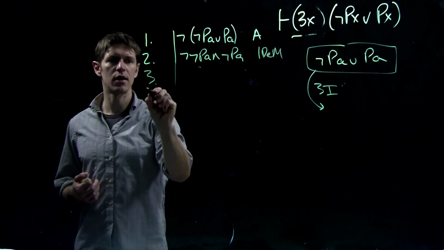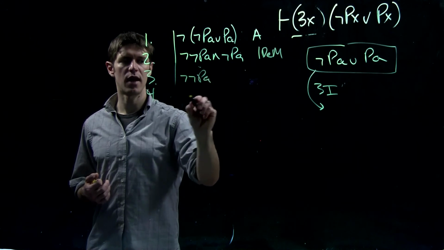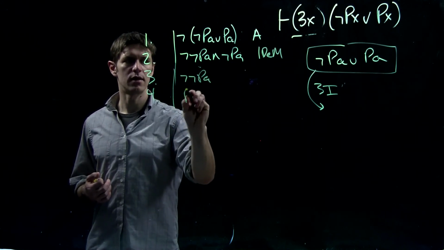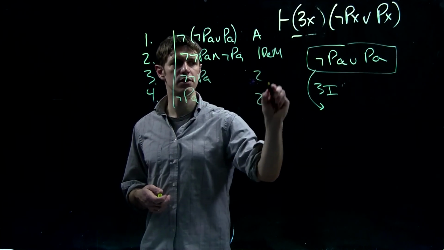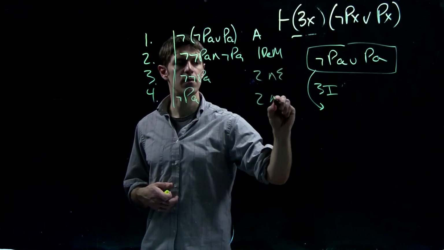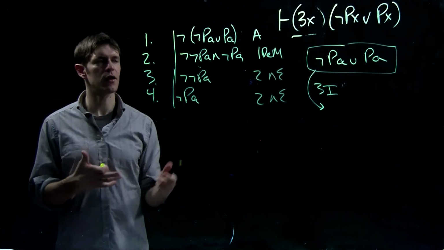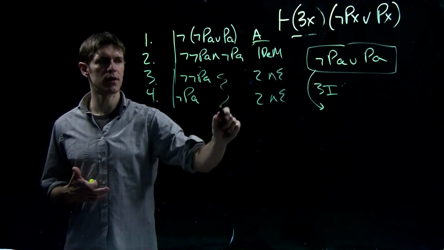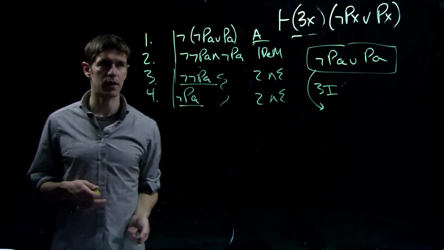Then I'll break the conjunction apart, which will allow me to derive not not Pa and not Pa. So this is by 2 conjunction elimination. So now that I have a formula and its literal negation, what do I have here? I've made this assumption, and I've shown that from this assumption it follows not not Pa and not Pa.